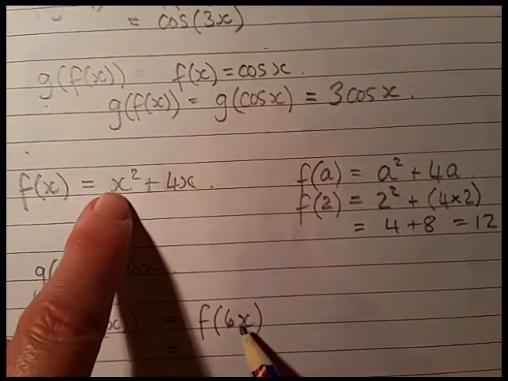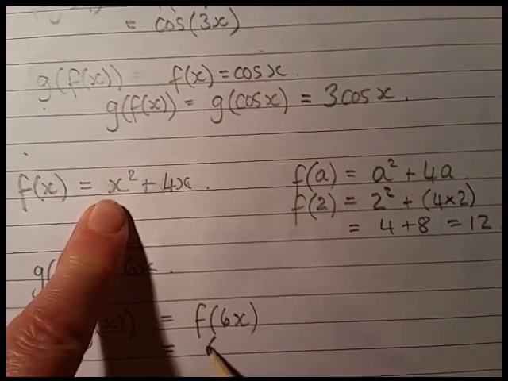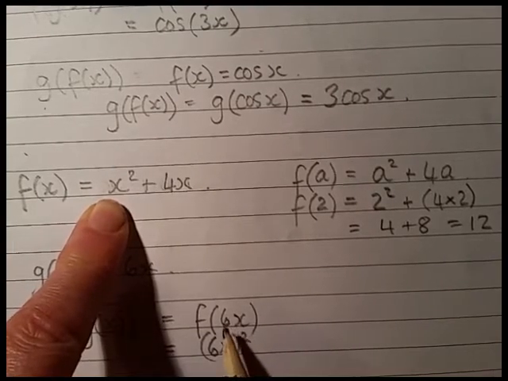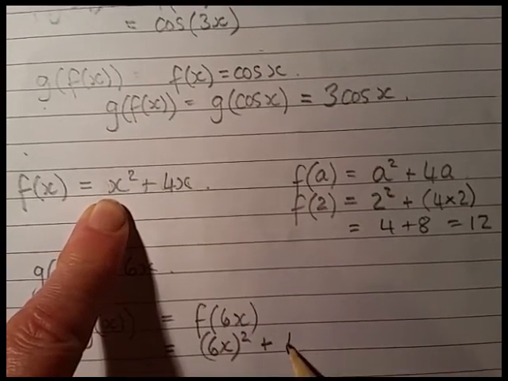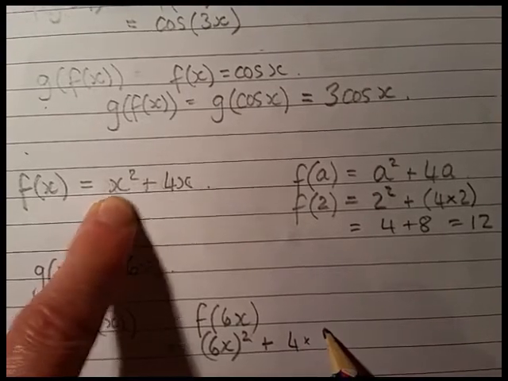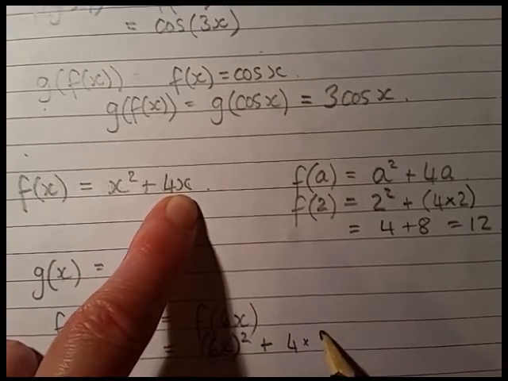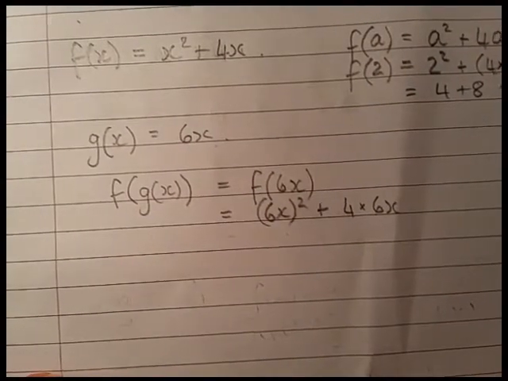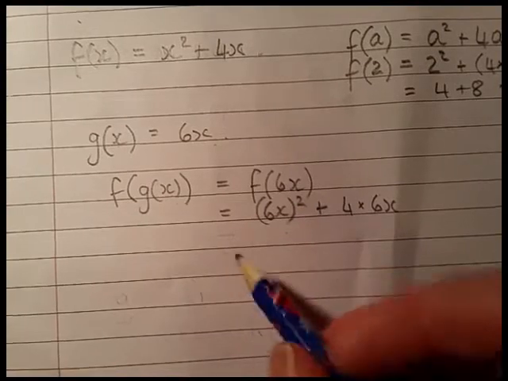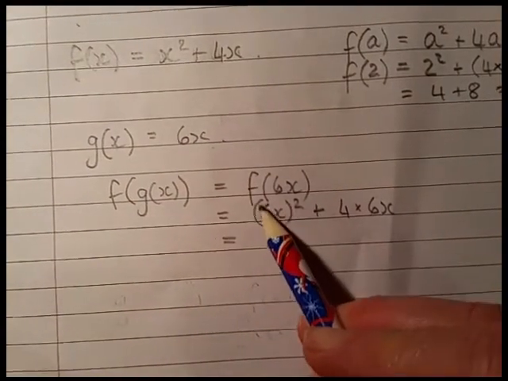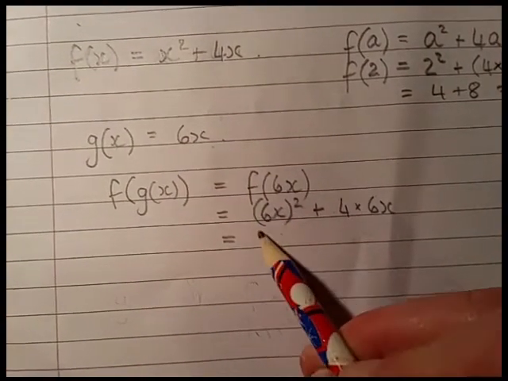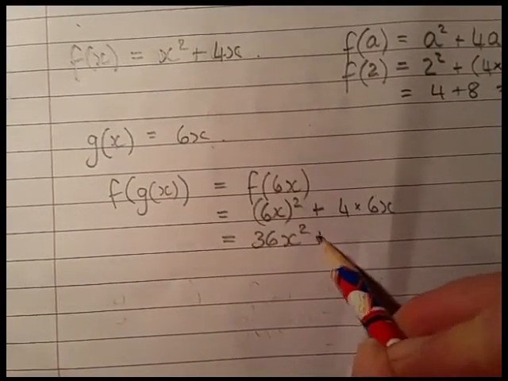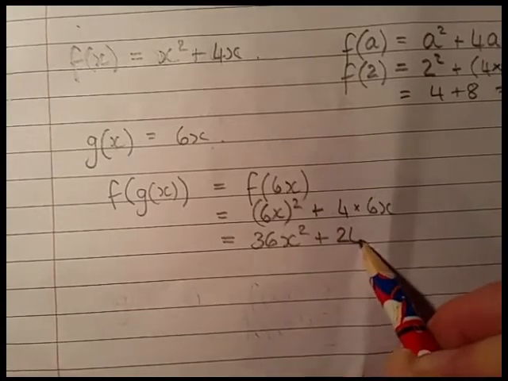We take the thing we're putting in, which is 6x, and we square it. Remember those brackets, make sure you square the whole thing. And then we add on 4 times whatever we're putting in, which in this case is 6x. And then we multiply it out to keep it tidy. Remember, we're squaring all of this, so we have to square the 6 and the x, so 36x squared plus 4 times 6x, which is 24x.